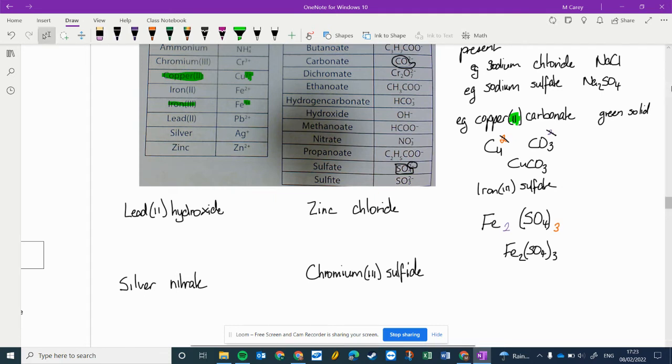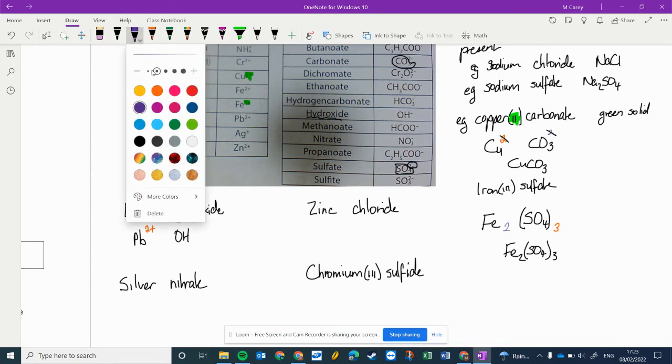So lead 2. So again, let's have a look. It's Pb for lead, and hydroxide is OH. Lead is 2 plus, and hydroxide is minus.